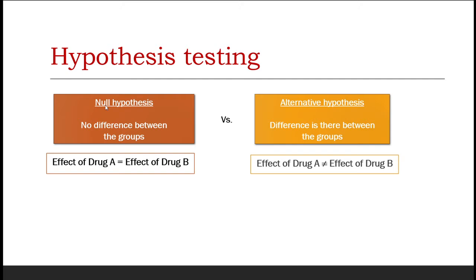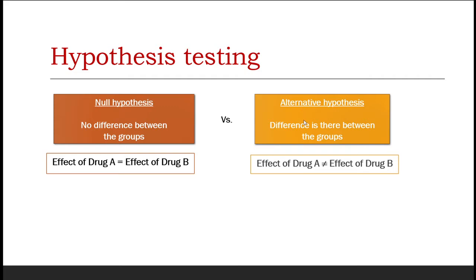So for null hypothesis we will make an assumption that effect of drug A in reduction of serum glucose level is equal to effect of drug B, and in alternative hypothesis we will consider that effect of drug A is not equal to effect of drug B. Here in null hypothesis we assume this, and by nature we always try to reject this null hypothesis to prove that there is a difference.